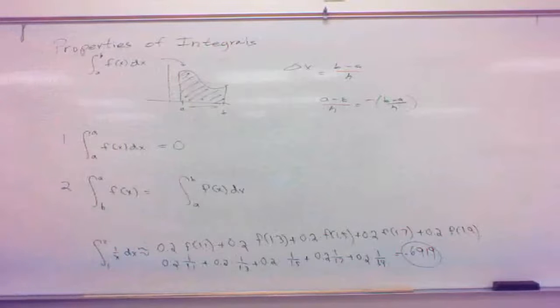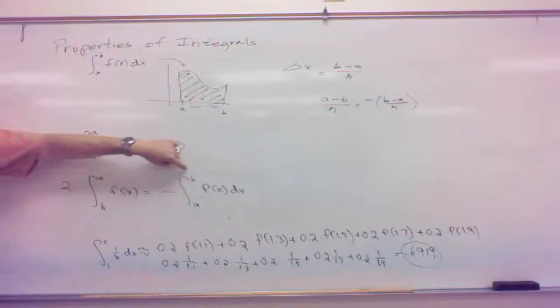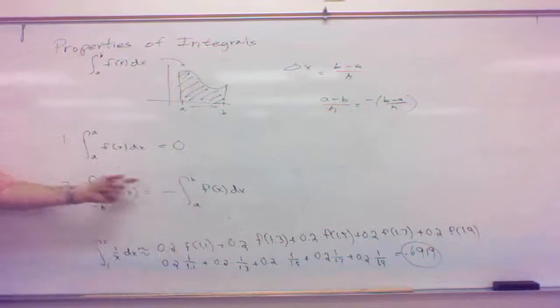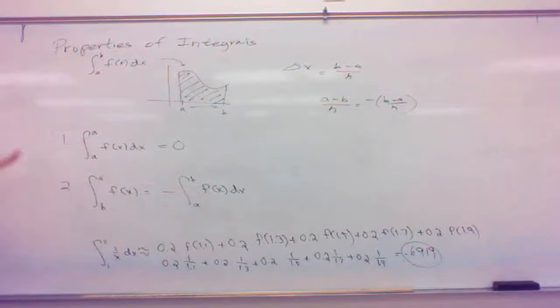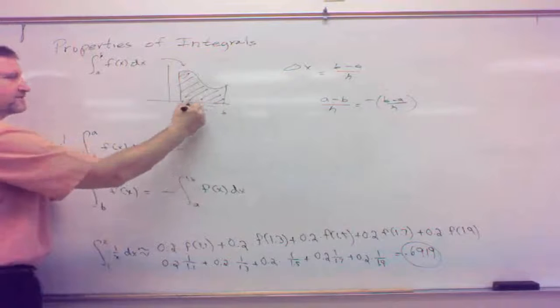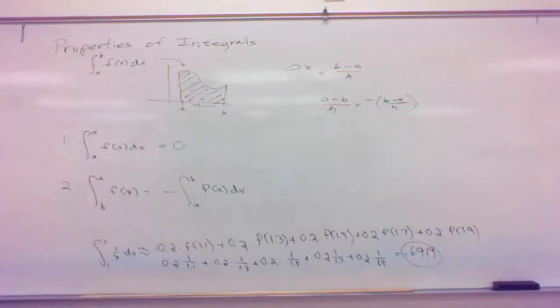If you run it backwards, you get the opposite sign of what it was originally. If this was originally a negative, then this will be a positive. If this is originally a positive, then this will be a negative. So reversing it, if going a to b gives us a positive, then this would give us a negative, because we're going backwards, so to speak.